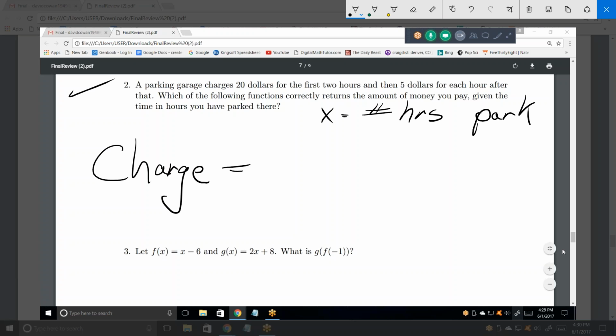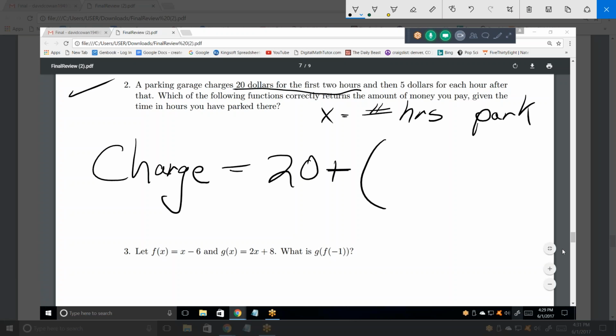What if you park there for 2 hours? What would it be? Parked there for 2 hours, it's 20 times just what? $20. $20 for the first 2 hours. If you park there for 2 hours, it's $20. Okay. So it's 20 plus 5 times x.